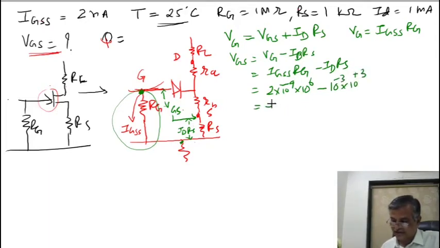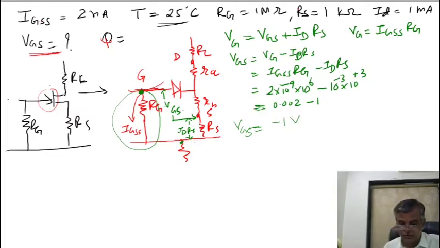So you get 0.002 minus 1. Your operating point value is nearly minus 1 volt.